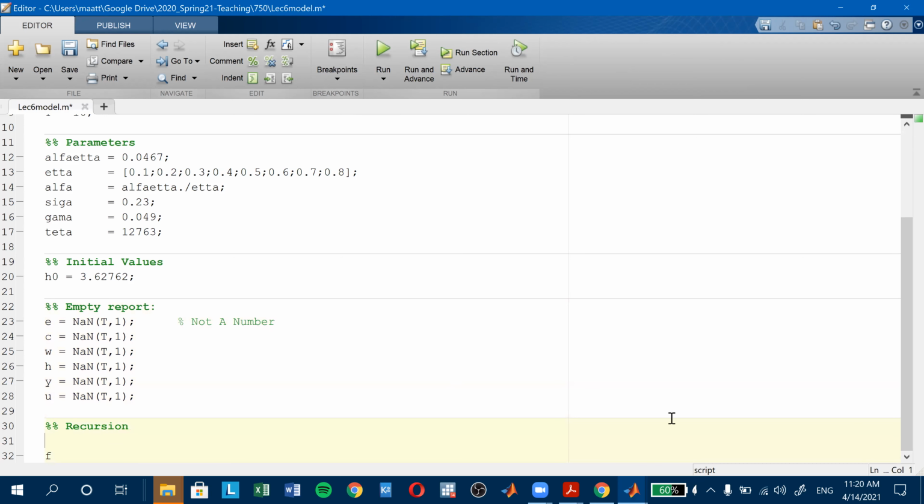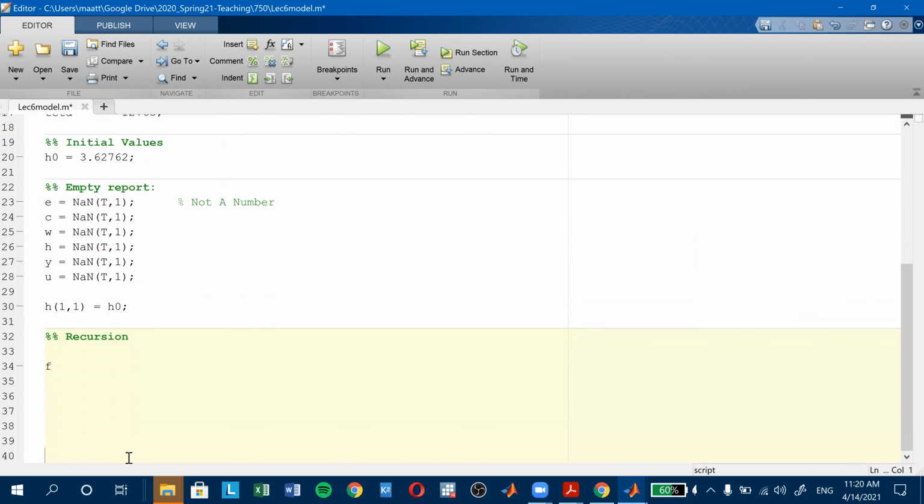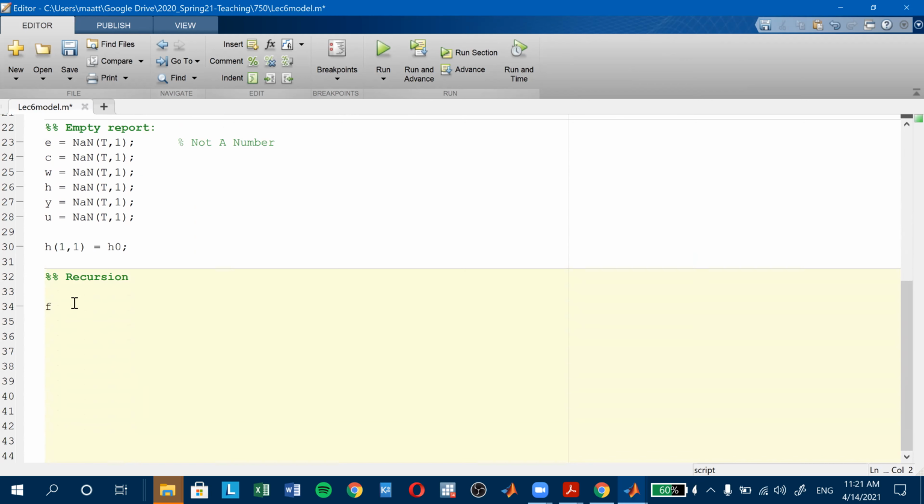Now, what I will do is assign the initial value for human capital, because I know in the first period it will be equal to this initial value. All the model variables will be expressed as functions of this. So for forward recursion, we will use what we call the for loop. You will get it when I write it.